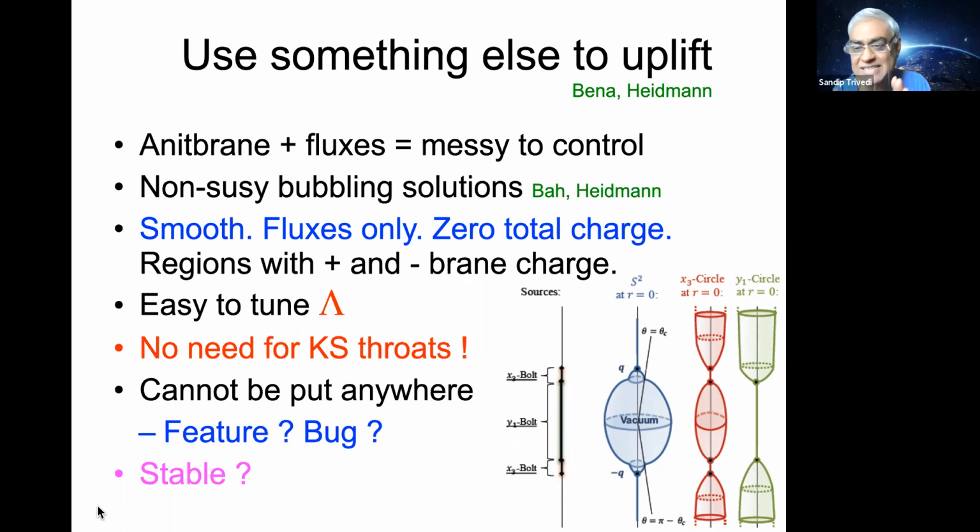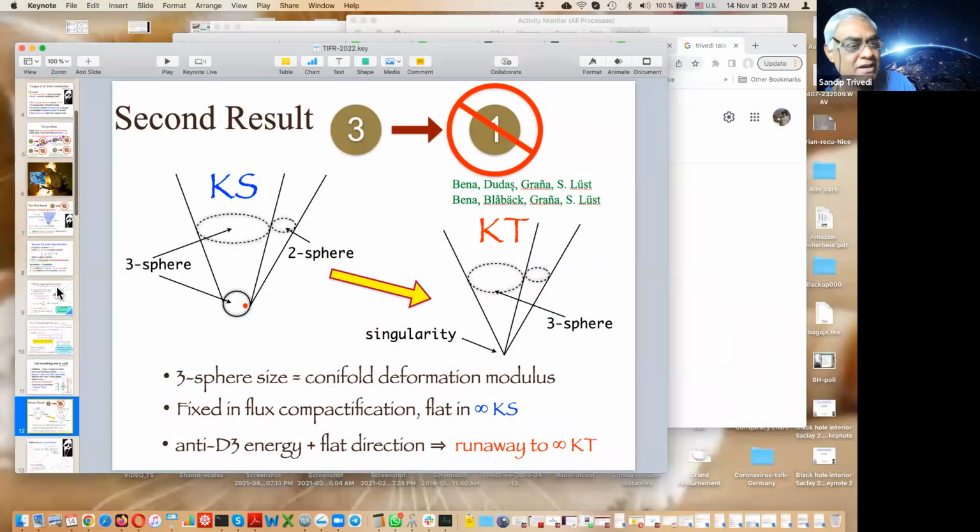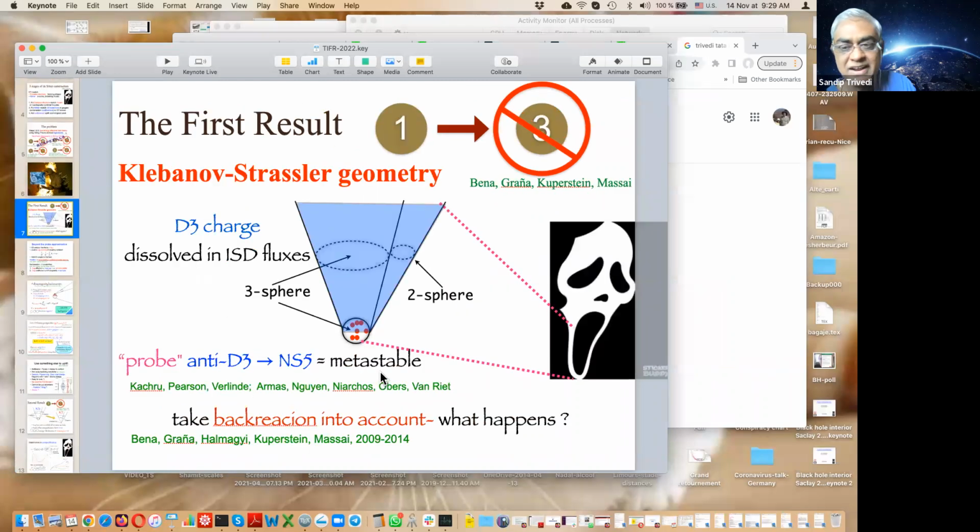Let me explain the setup. There is a throat which terminates in a smooth geometry, which has an S3 at the bottom. This is the Klebanov-Strassler geometry. Now a brane is BPS, so a brane has the Ramond 5-form pushing it in one direction and the warping pushing it in another, and it has no net force.